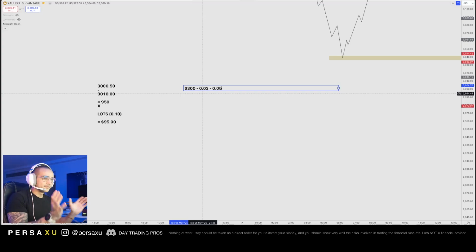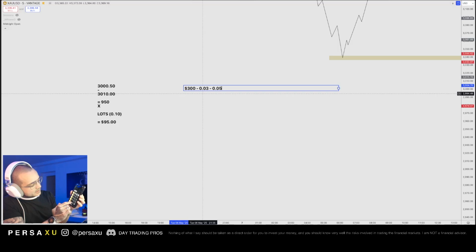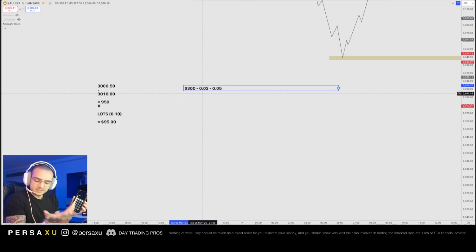Like average 0.03, and that is based on this whole calculation that roughly 200 to 300 pips are reasonable in gold. So if I'm going to risk 200 pips times 0.03, that's $6, not bad.